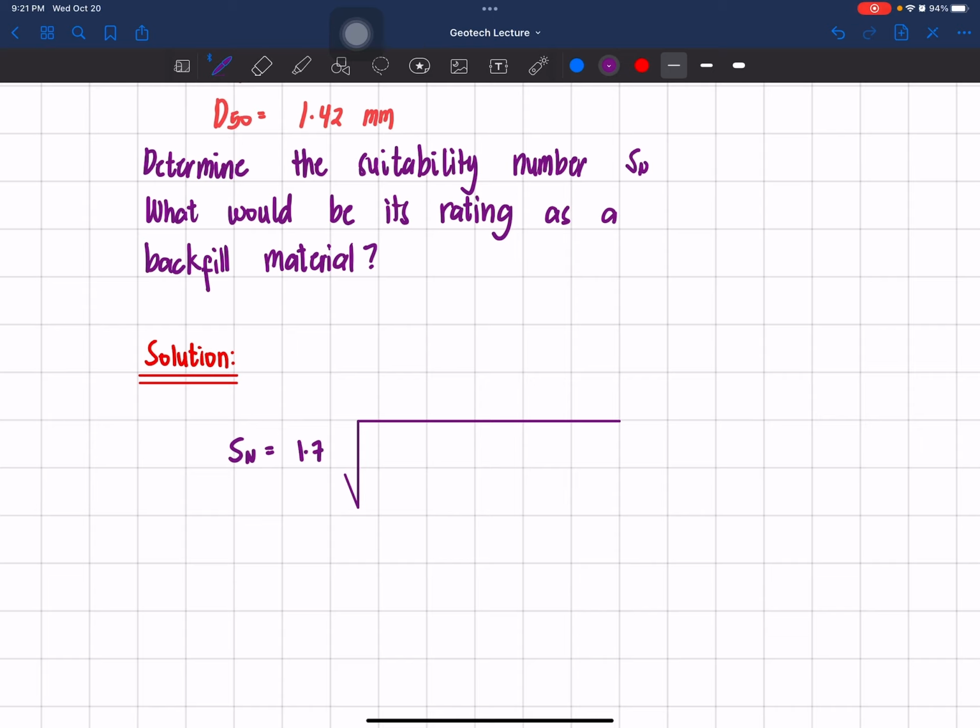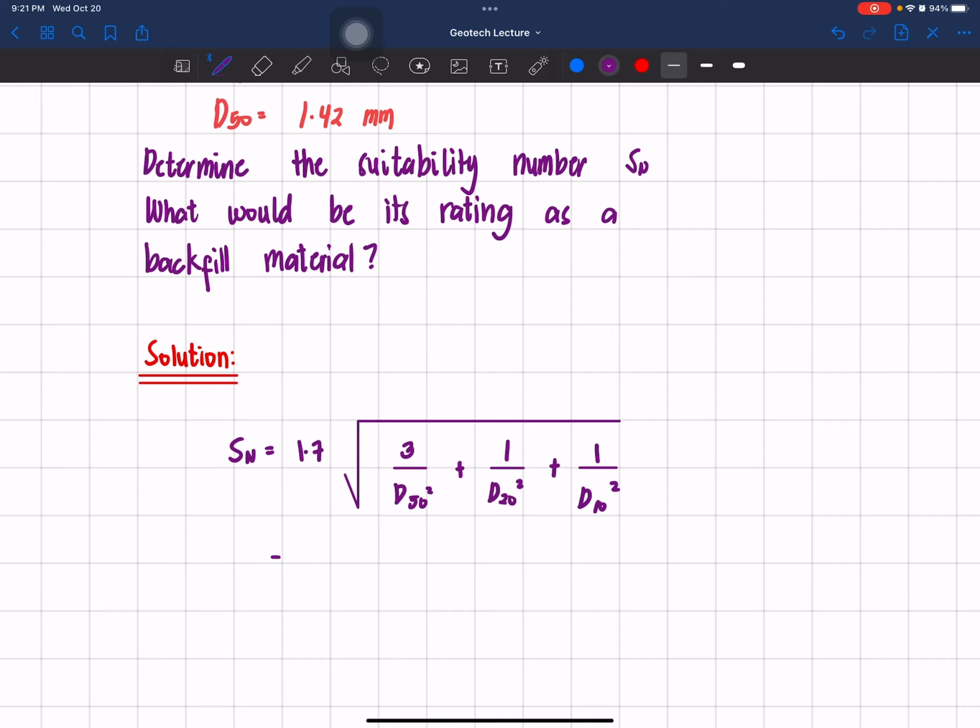So this is square root of 3 over d50 squared plus 1 over d20 squared plus 1 over d10 squared. Okay. Yan. So, rekta na tayo.